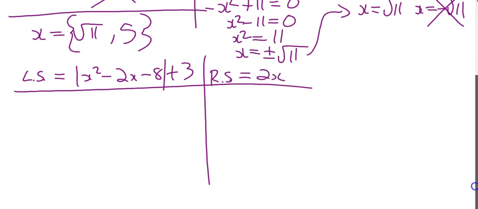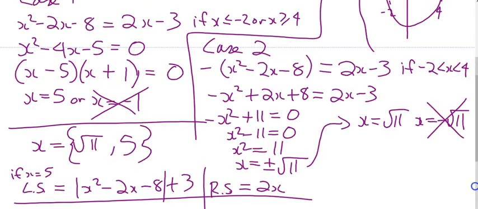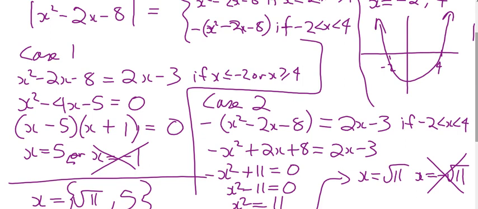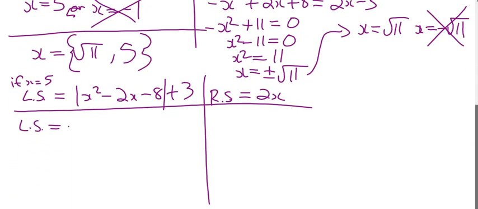Okay, if x equals 5, the left side is the absolute value of 5 squared minus 2 times 5 minus 8, plus 3.